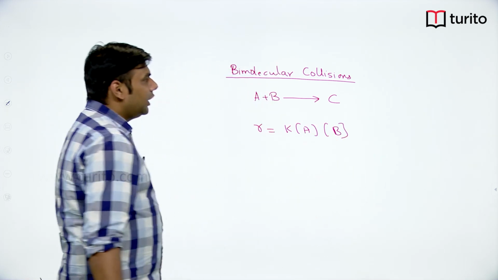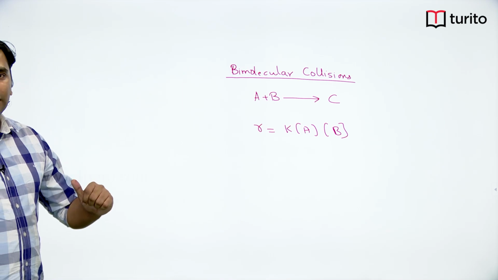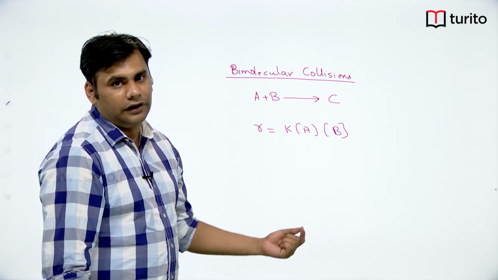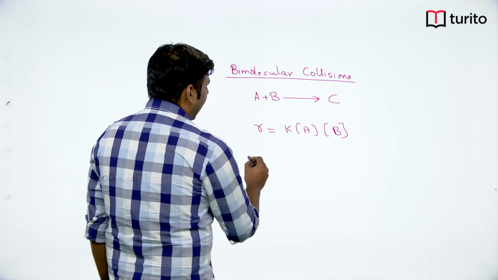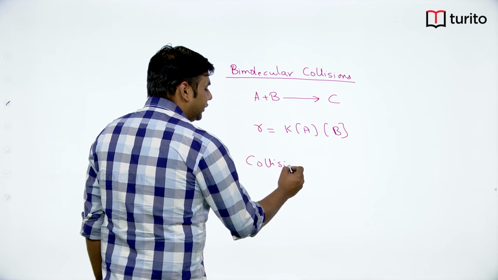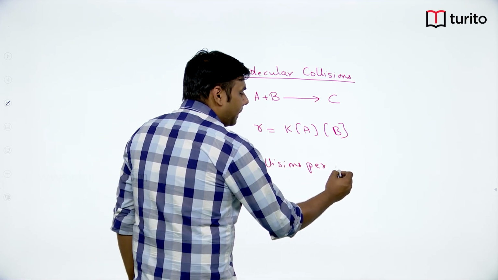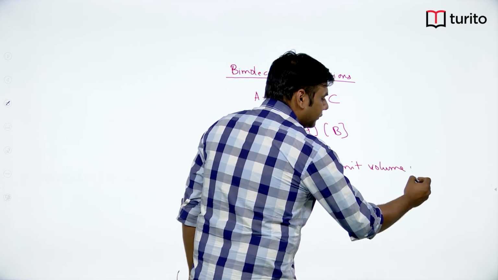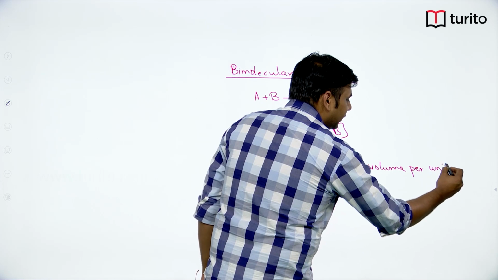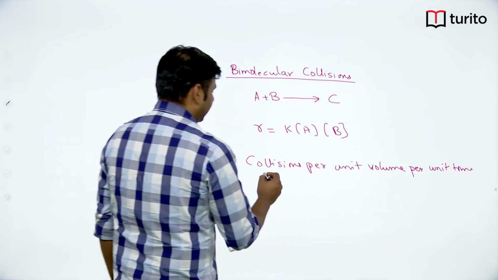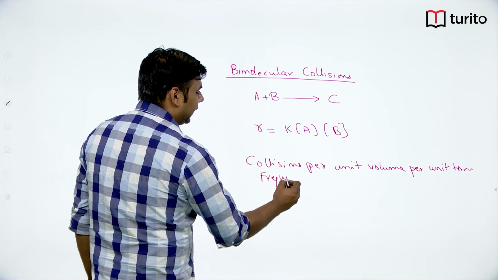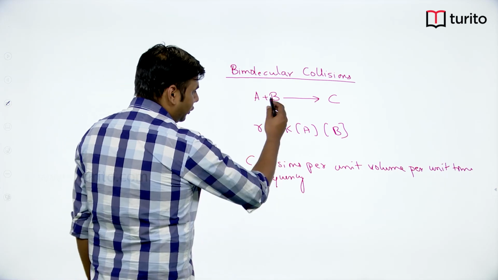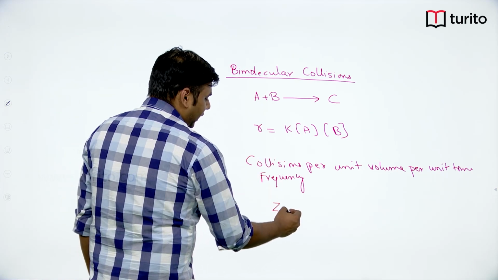Now for knowing the collision theory, we need to understand the concept of collision frequency. How many collisions are happening? So we will talk about collisions per unit volume per unit time. So the collision frequency per unit time per unit volume, because this is a bimolecular reaction, I write as ZAB.